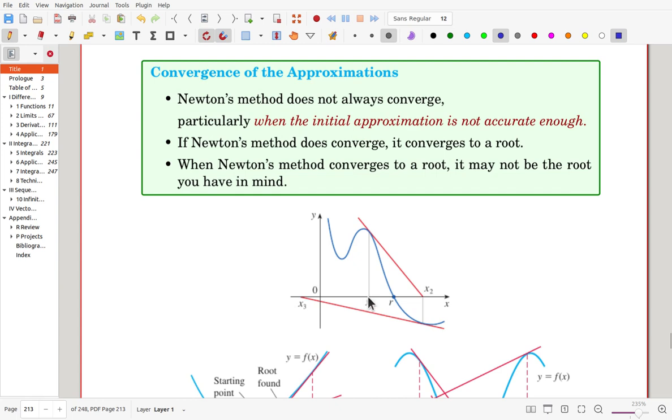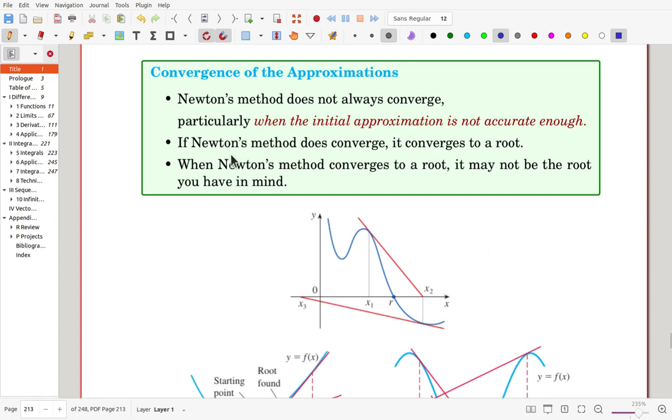But once you start here, then tangent line, and then here the x-intercept. From this one, again go to the curve and make a tangent line. Then that will be out of the domain, so in this case the Newton method will break down, so it's not convergent.